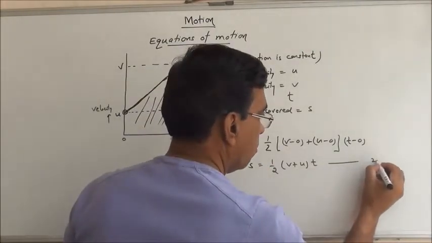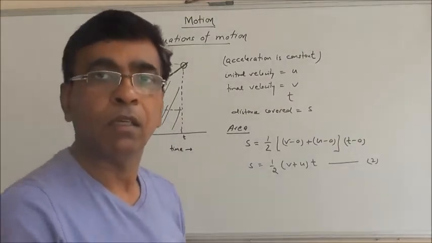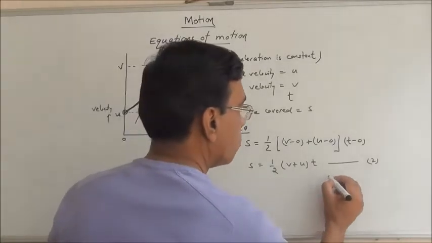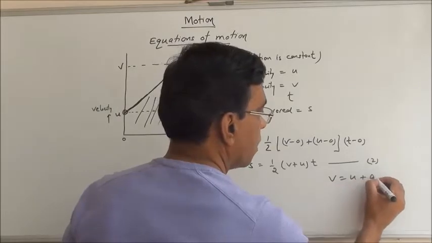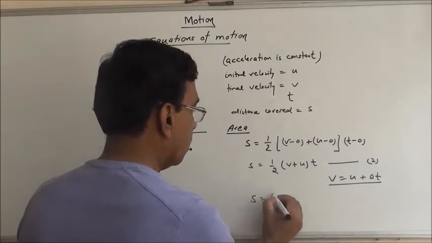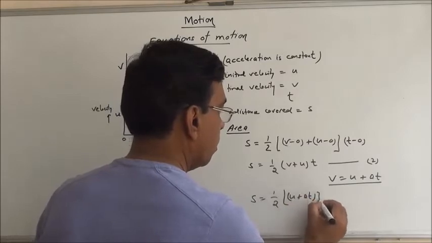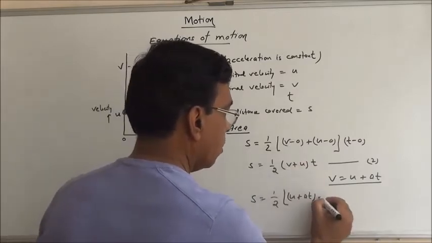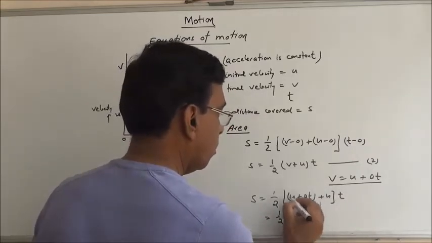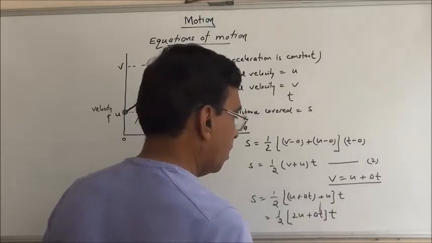Now this is an important equation. We can derive the second and third, both the equations, actually using this. I will have to make use of the first equation, v is u plus at. So I will substitute for that. Half, u plus at, this is v, plus u, into t. So what does it become now? Half, 2u plus at, into t.